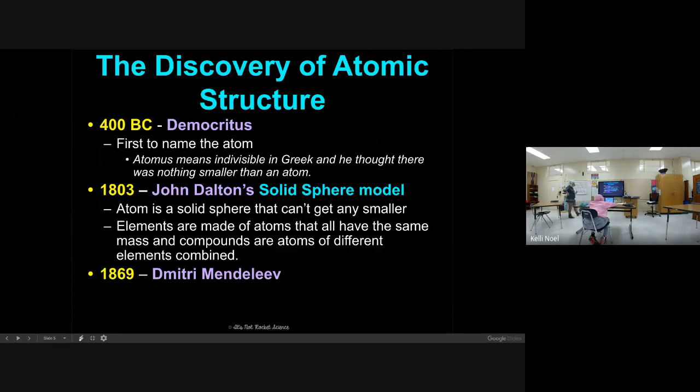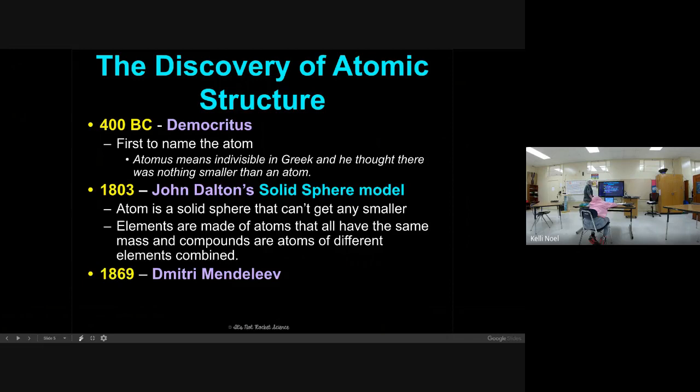He was thinking about matter, and said if you kept dividing or cutting something, and kept cutting, you finally get to the smallest piece, and that was an atom. Then not a lot of information about the atom went on until about 1803.